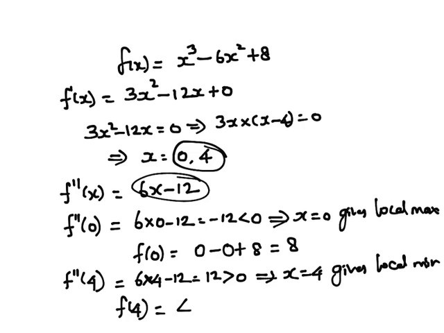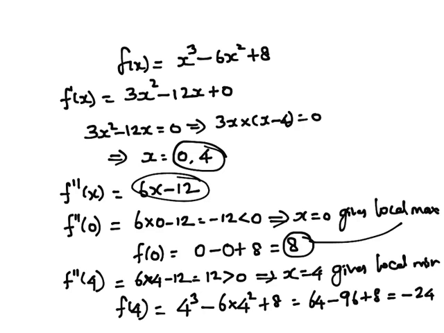So f of 4 equals 4 cube minus 6 into 4 square plus 8. This will give me 64 minus 96 plus 8. So the answer is minus 24. So this is the local maximum value and this is the local minimum value, right? Very simple. So let us see one more problem now.